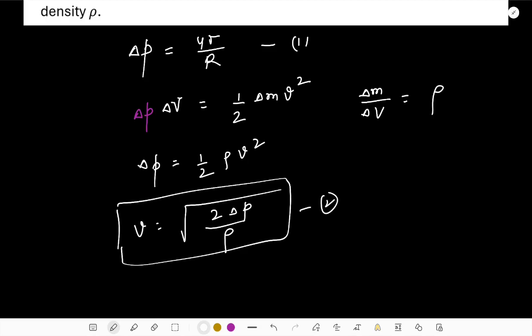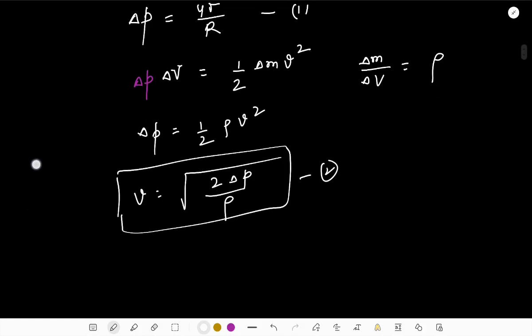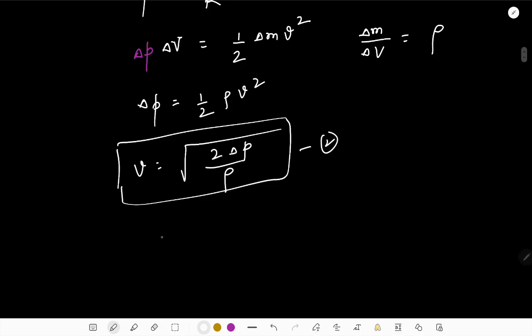So let's calculate the thing we needed to find out, the rate at which the bubble volume decreases. This will be simply dV upon dt, and V can be written as 4 by 3 pi r cube, where r is the radius of the soap bubble.